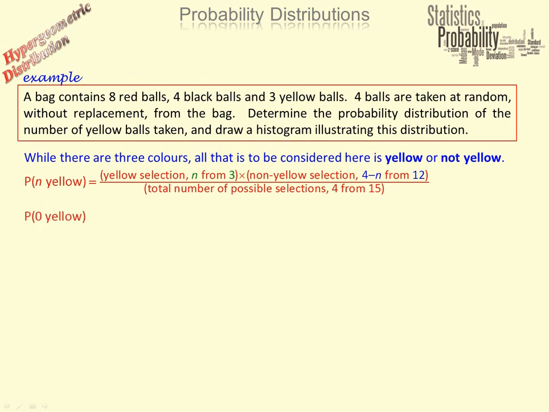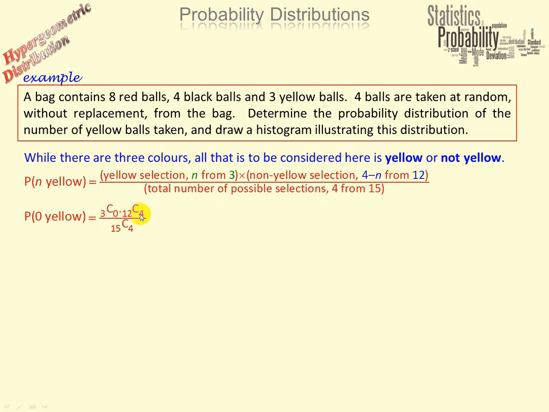So now what we have to do is a mutually exclusive calculation. We're going to have to work out the number of no yellow, then 1 yellow, 2 yellow, 3 yellow. Right, so no yellows. Here we are.